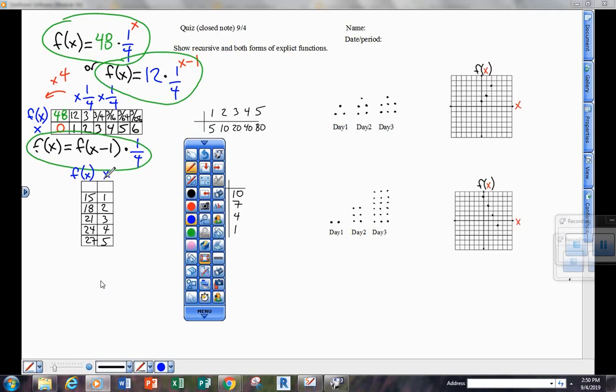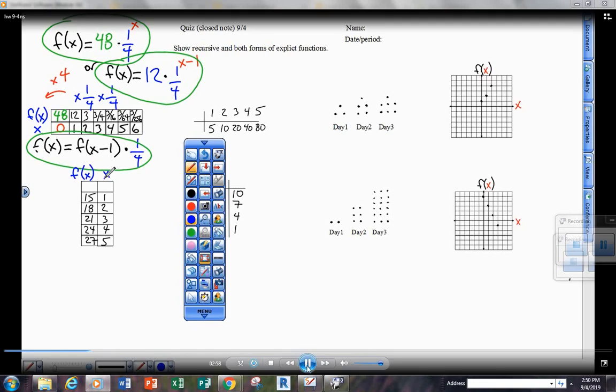Alright, so for this one, focusing on those left numbers, the f of x numbers, going up by 3, going up by 3. That is my common difference, my D, because this is arithmetic. You are subtracting by 3 going up, so that 0 term would be 15 minus 3 gives you 12.